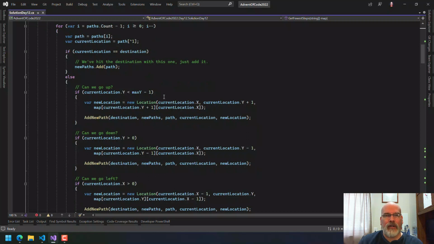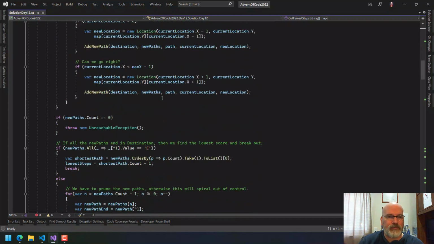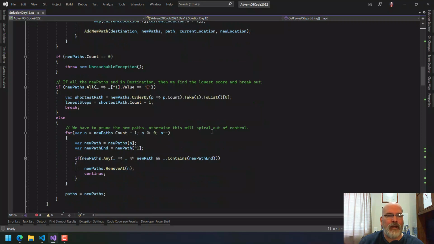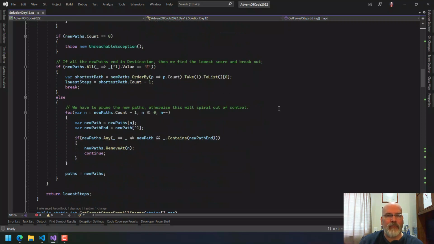The second part, I had to realize that you may cross a path that you've already hit before. And so you can prune those down here. I have to prune the path. So I have to find a way to say, if this path runs into a path that currently exists, I forgot the logic I had around this, but that basically means one of the paths can go away because it's not optimal.